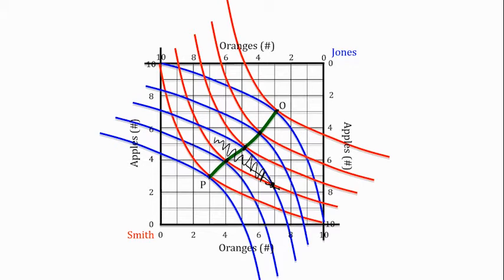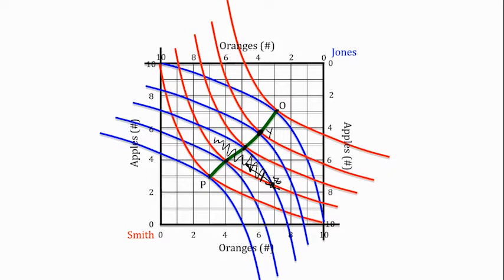And that means that they can always trade into the lens and make both of them better off. And that's why we know that if I call this point Z here, Z is not a Pareto optimal point, because there are further gains from trade that they could realize by trading into the new lens that passes through point Z.